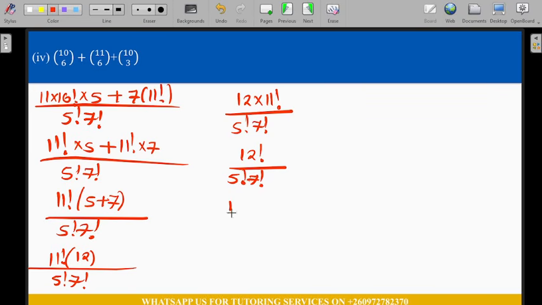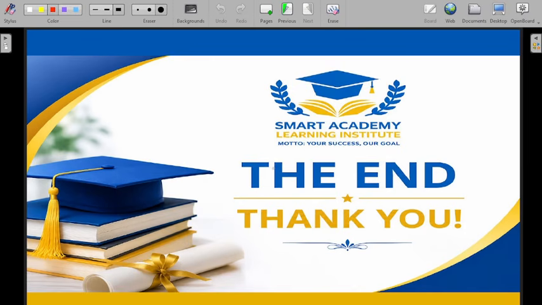So now the answer becomes 12 combine 5, or 12 combine 7. So that becomes the answer. And we've come to the end of the session.